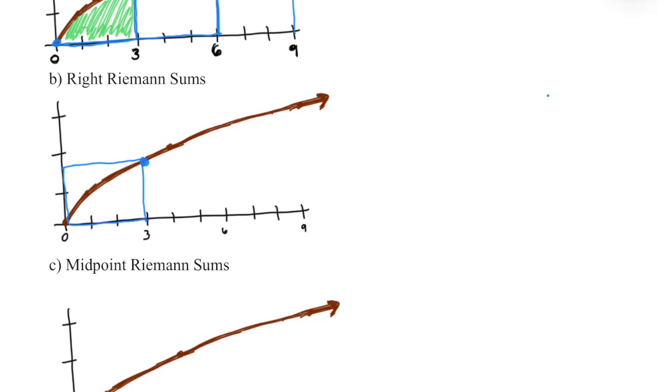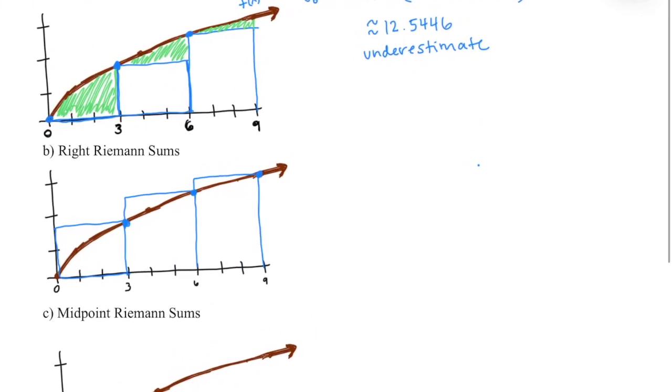And then from 3 to 6, I'm using the point on the right, which will look like this. And then from 6 to 9, I'm using 9 as my endpoint for that rectangle. So now you can see I have 3 very different rectangles because I used the point on the right instead of the point on the left.